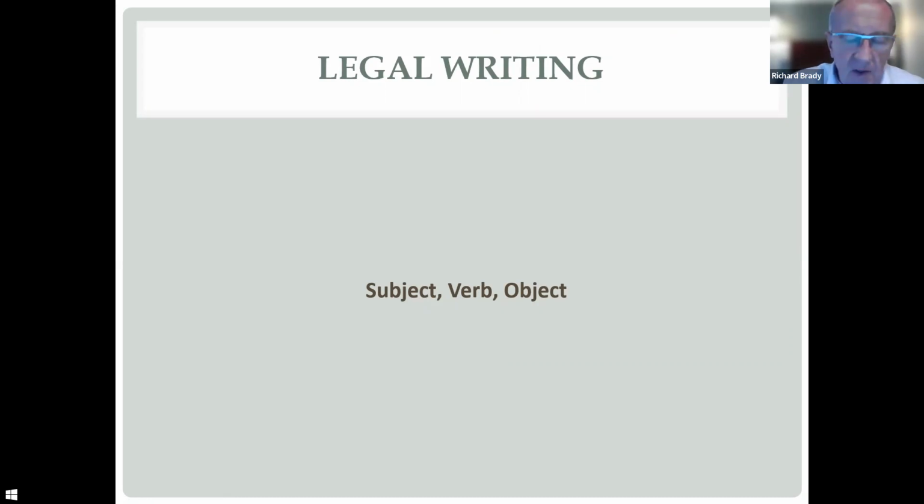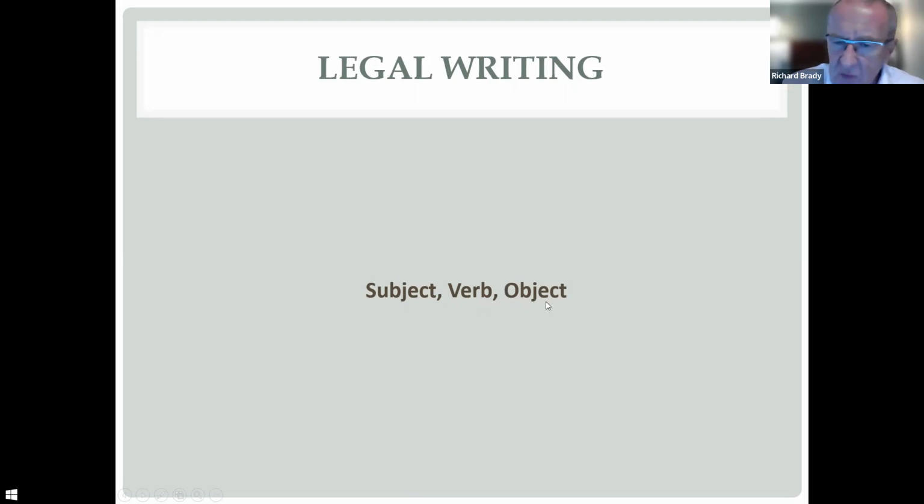So the active voice consists of the subject, the noun for the name of the person or the thing that's doing something, followed immediately, the next word will be the main verb, what the subject is doing. And then you'll bring in the rest of the information, which will usually include the object.